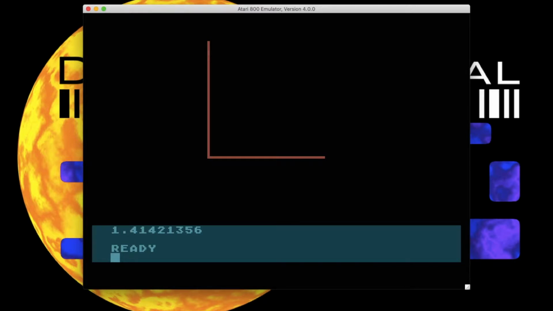Yeah. So square root of 2, but we need to divide it by 2 to get the sine and cosine. Maybe that's why we're getting 70.